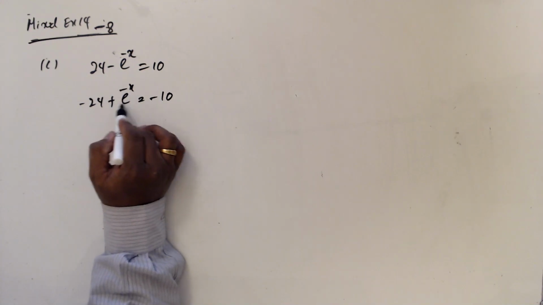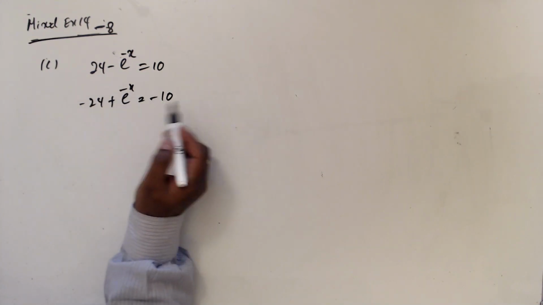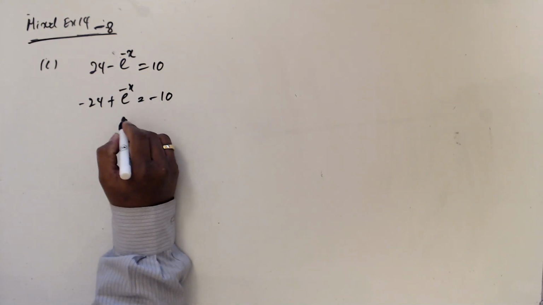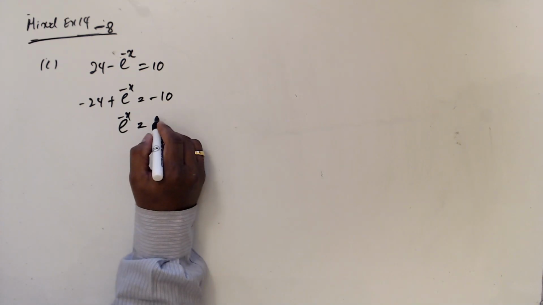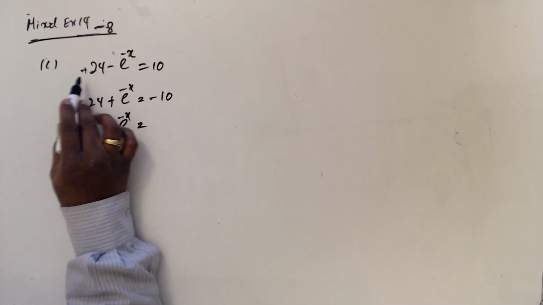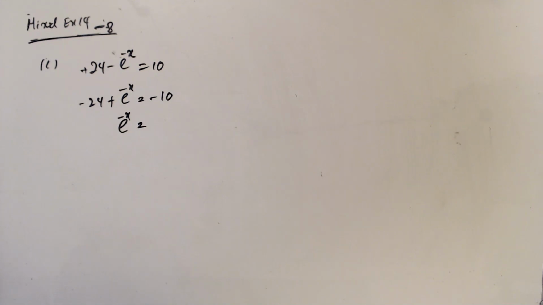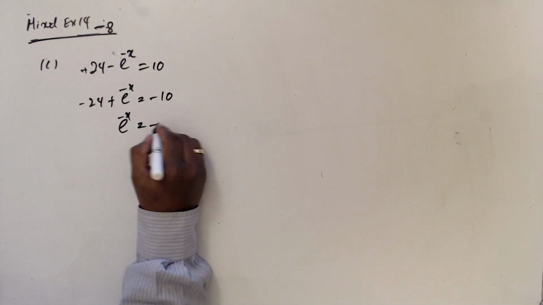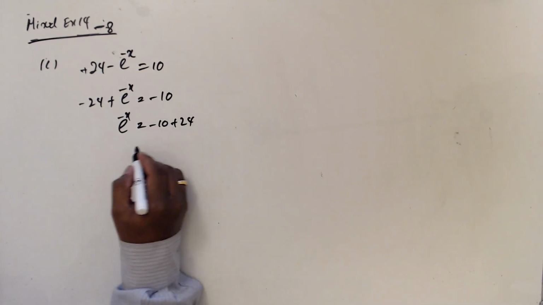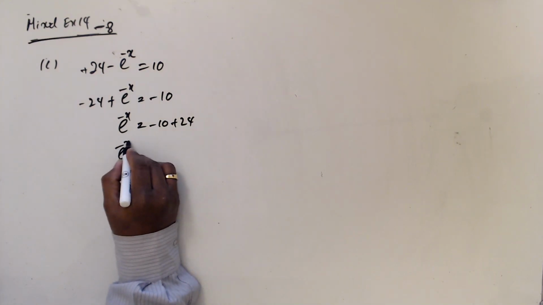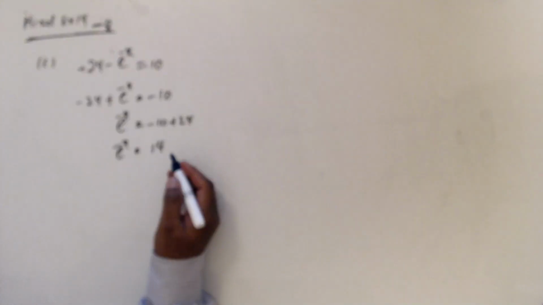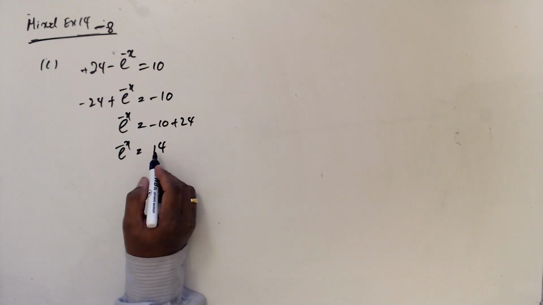See that this part I turn into a positive. Now I just change all the symbols. e^x equal minus 10 plus 25. 24 e^minus x equal 14.